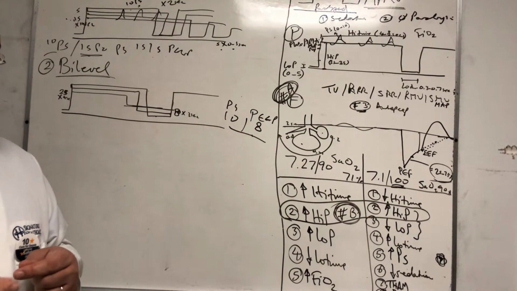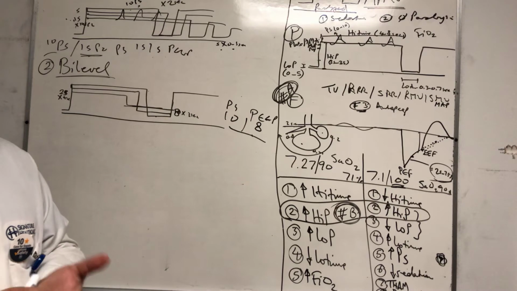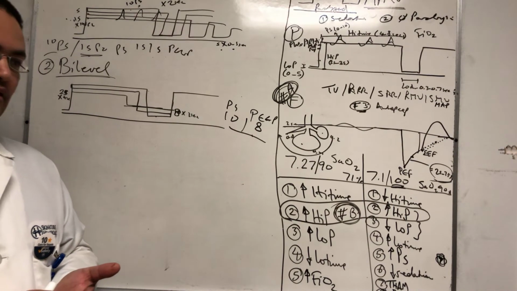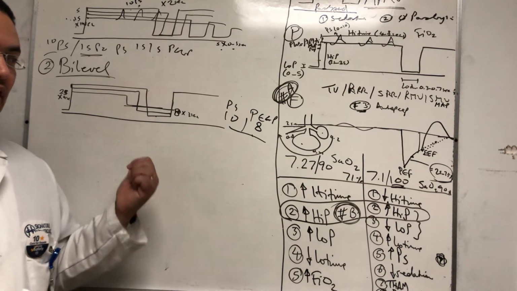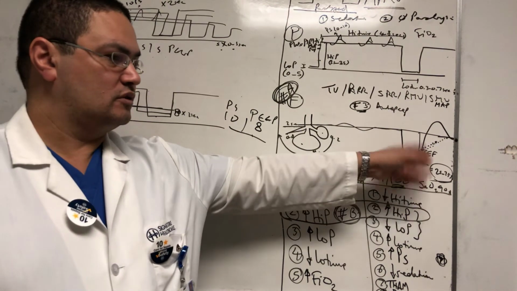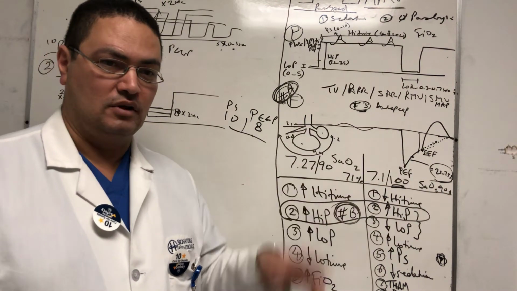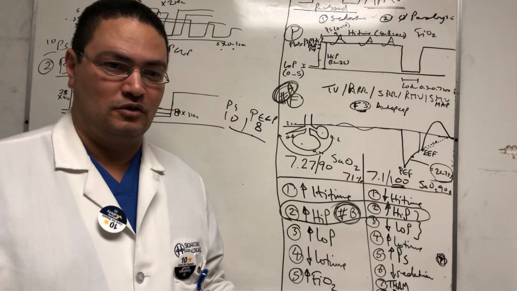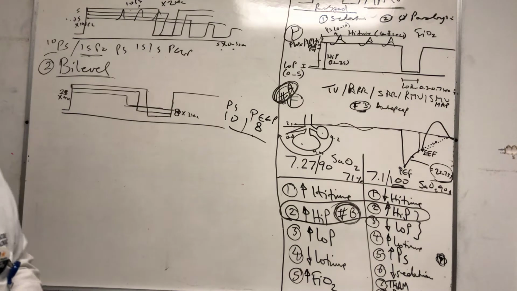So 1 second or more means you reach the baseline. That means the patient now is in bilevel, not in APRV. And by the way, in bilevel, we don't agonize over this. We don't measure this ratio at all, because we know that 1 second is enough to reach the baseline. Who cares, right? So it's a totally different mode of ventilation, just by increasing the low time to more than 1 second.